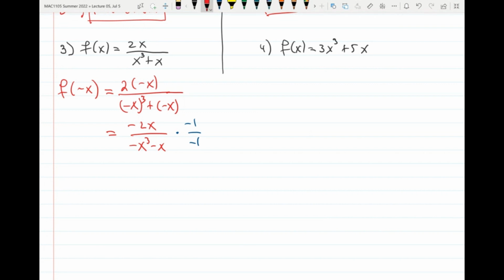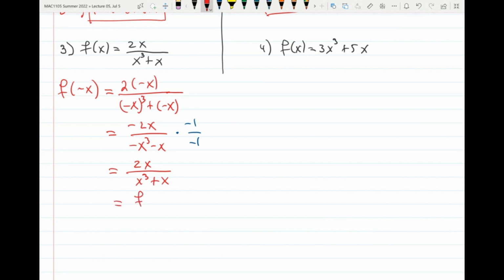Here we're not changing the actual value of the function, but when you do that, what do we get? You get 2x on top, and what do we get in the bottom? We get x cubed plus x. Yes? And it turns out that this guy here is exactly the same as the original function, right? So this equals f of x.